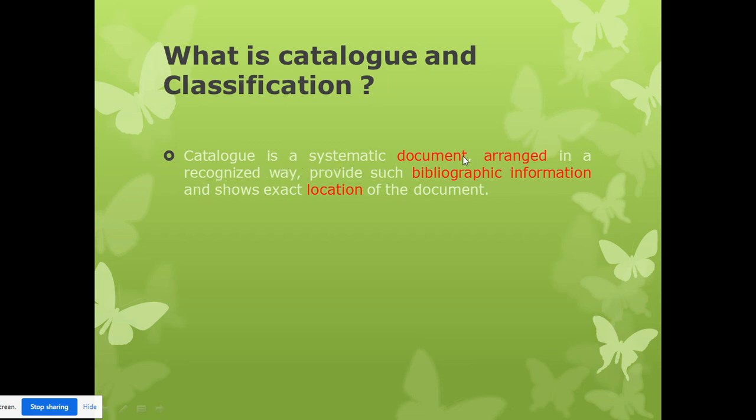A catalog is a document which is arranged in a recognized way, meaning in a systematic way, and provides bibliographic information.